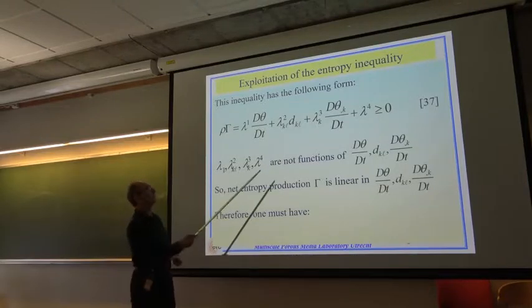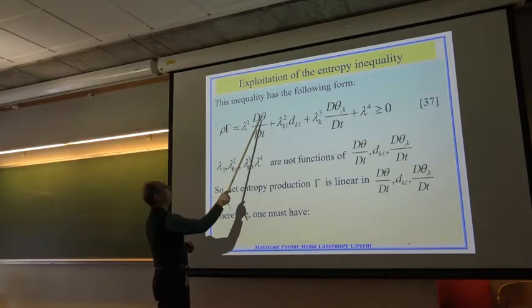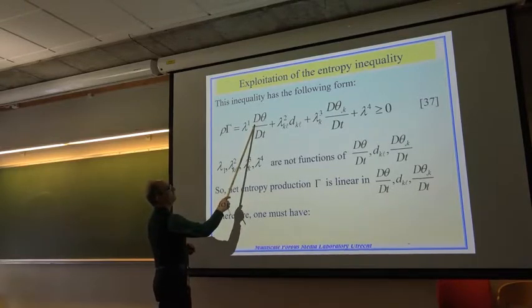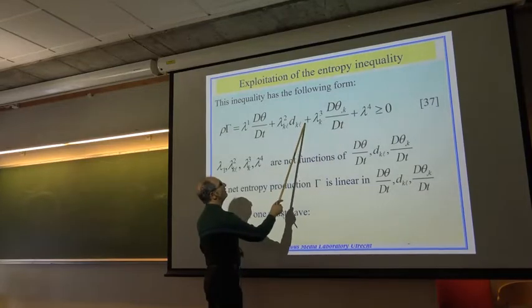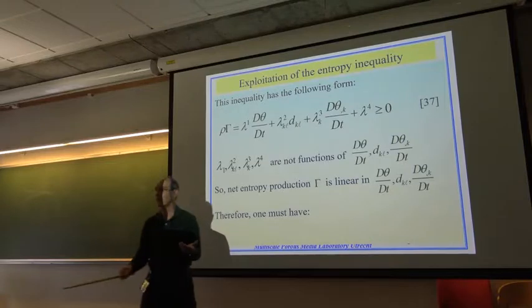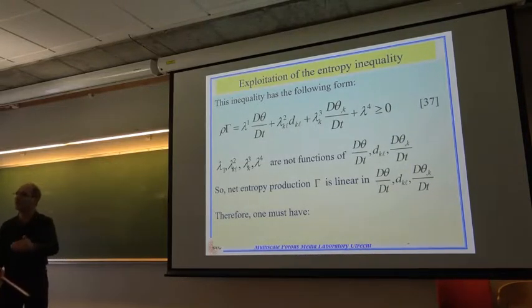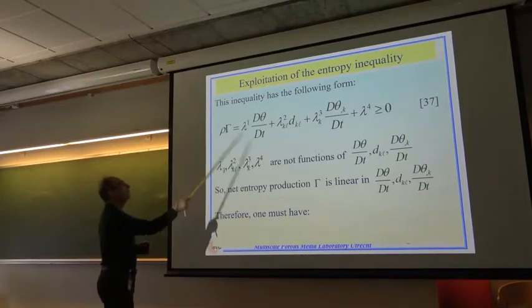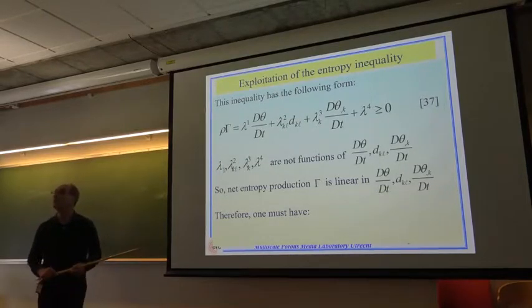Which means that potentially I can create a situation where this is negative, this is positive, or even maybe zero, and that means the entropy production rate will be negative. That's not allowed by the second law. We must exclude any possibility. No process will occur for which the entropy inequality becomes negative. So we must exclude those.